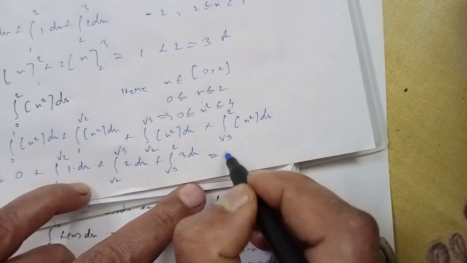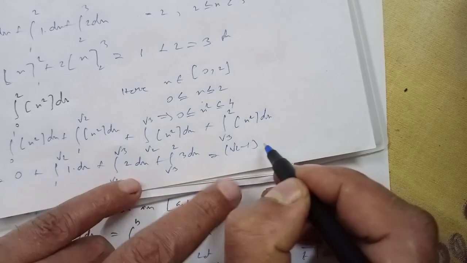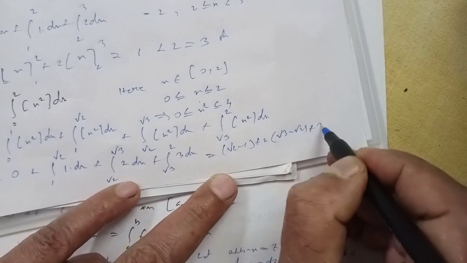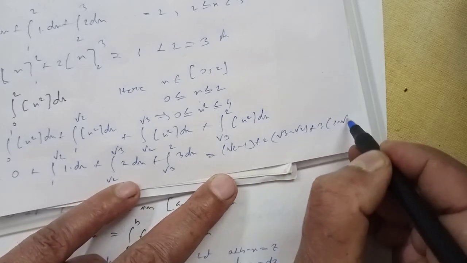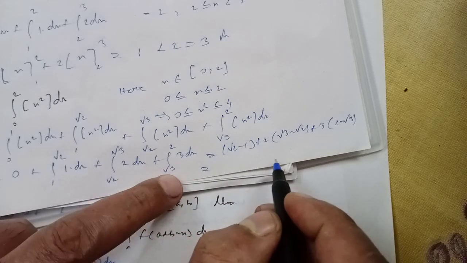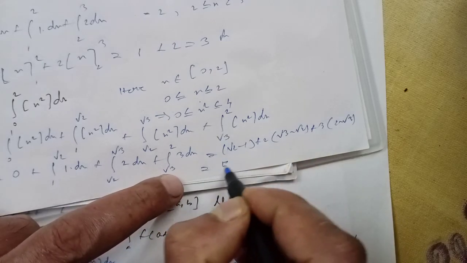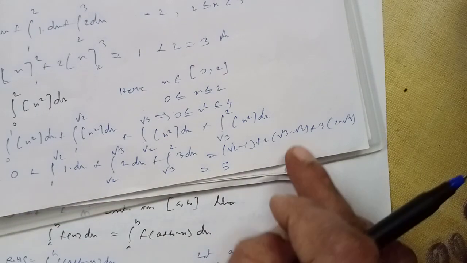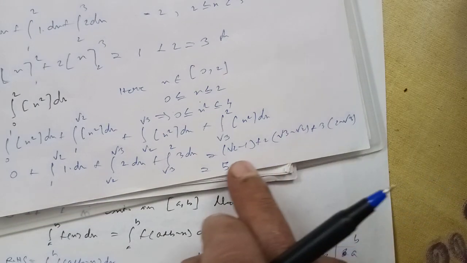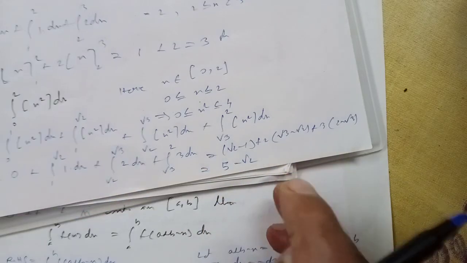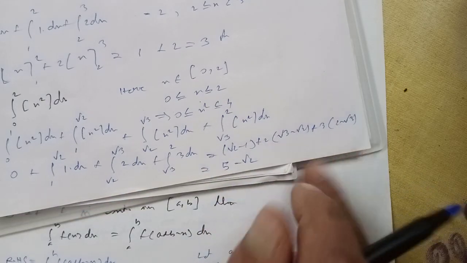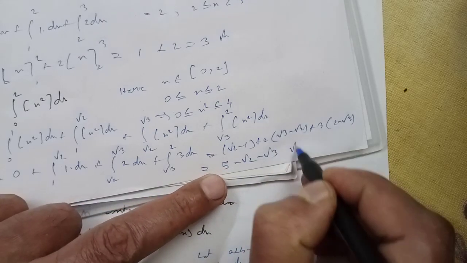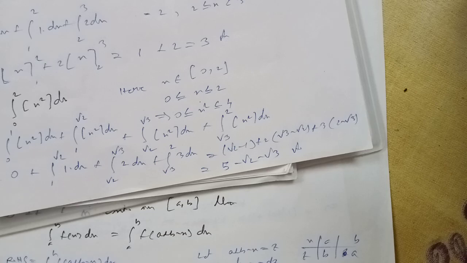This is x, so this will be root 2 minus 1, this is 2x, 2 into (root 3 minus root 2), this is 3x, so 3 into (2 minus root 3). So solving we get 3 times 2 minus 1, that is 5, and then minus 2 root 2 plus root 2, that is minus root 2, then 2 root 3 minus 3 root 3, that is minus root 3. So 5 minus root 2 minus root 3. This is your answer. Okay.